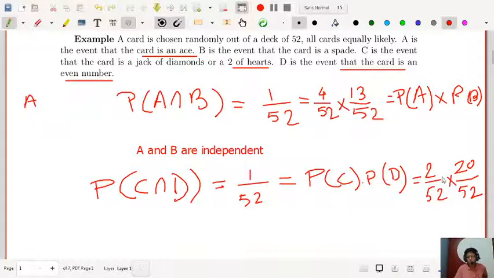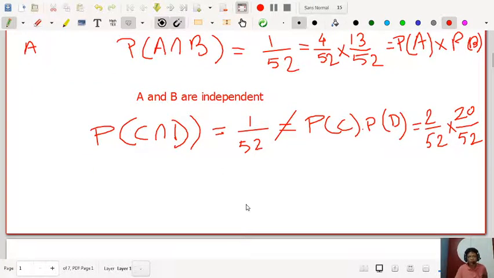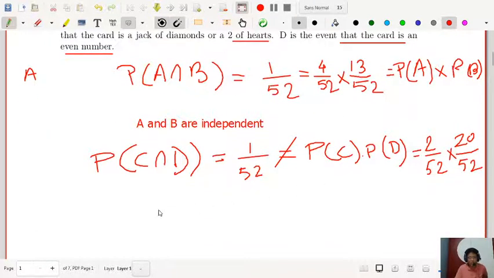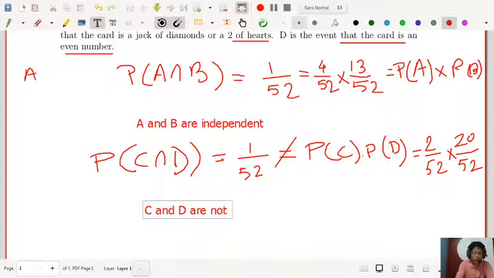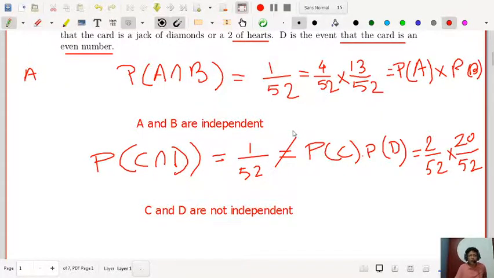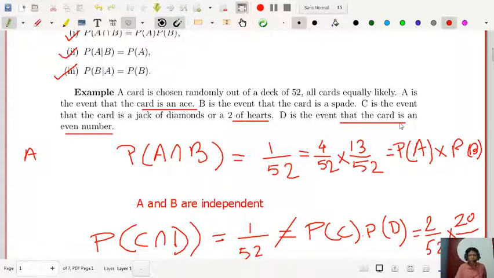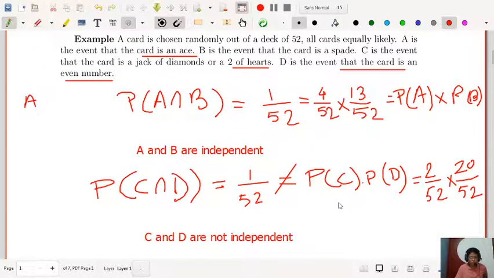So 20 by 52 and 2. So this is not equal to this. That means from this calculation, we verify that C and D are not independent. So this is the application, how you apply independence in simple problems of probability, to check whether two events are independent or not.